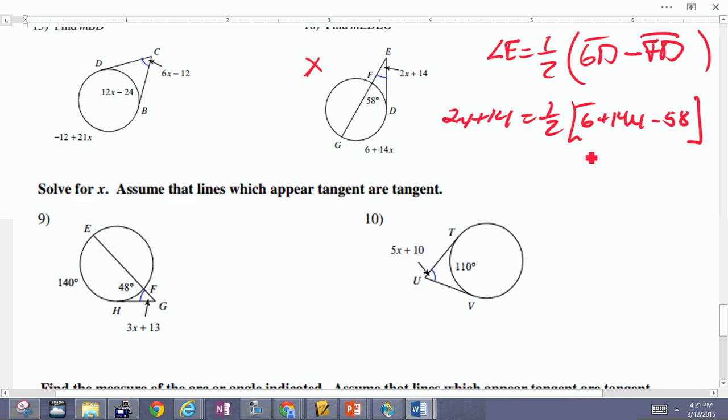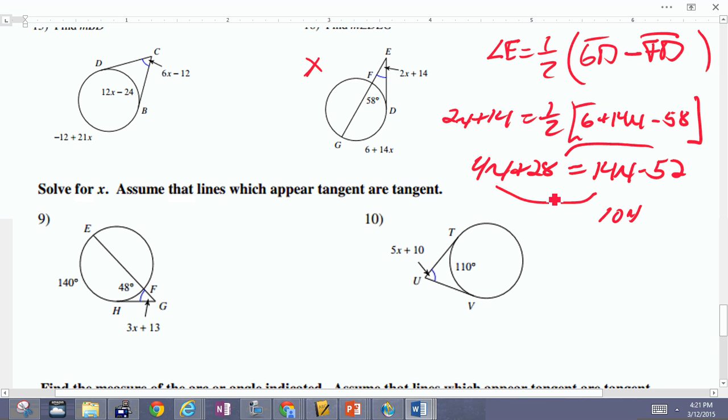I'm not going to mess with a fraction, so I'm going to double both sides, giving me 4x plus 28 is equal to 6 plus 14x minus 58, which gives me 14x minus 52. Let's bring the 52 over here and the 4x over there. That gives me 10x, and 52 added to 28 is going to give me 80. So it looks like x is going to equal 8.